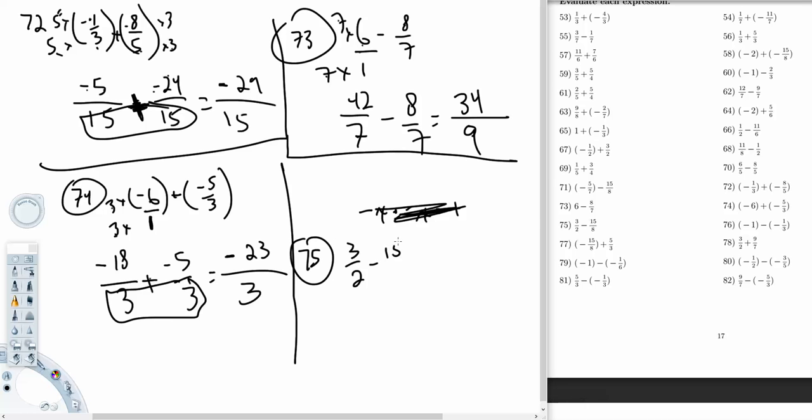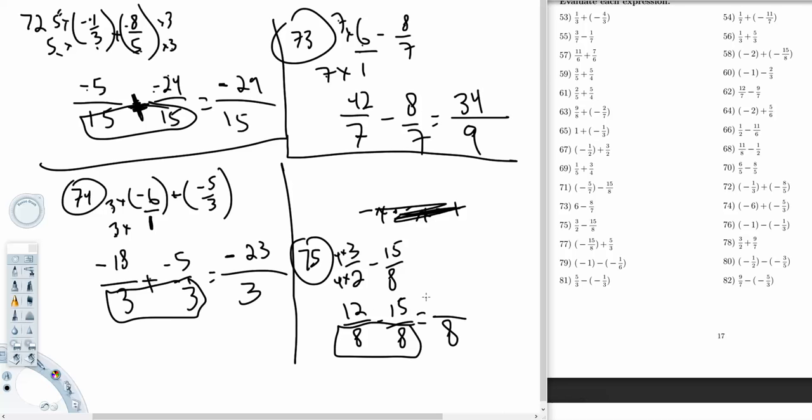3 over 2 minus 15 over 8. Well, we're going to have to multiply this by 4, which will give us 12 over 8. You see I'm going a little bit faster now? If it goes too fast, just watch it over and pause it every step. All right, so same thing as before. We're carrying over the denominator. It always has to be the same denominator, and then it becomes 12 minus 15.